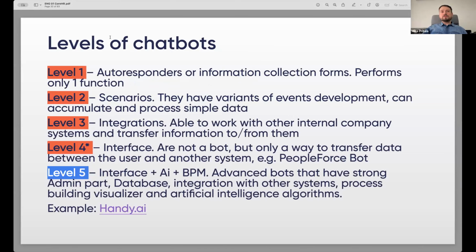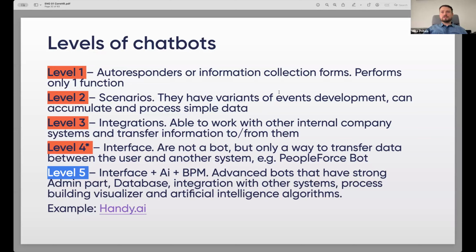Also, there is a very big revolution and development in chatbots, right? Chatbots are taking the main scene. Level one of HR automation chatbots: they only have auto response or information collection forms, and perform only one function. Level two is about scenarios. They have variants of event development and can accumulate and process simple data. Level three of HR chatbots is integrations.